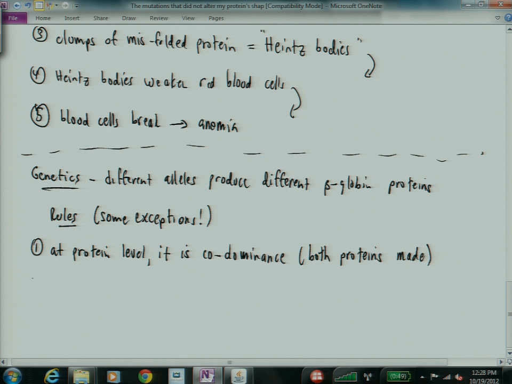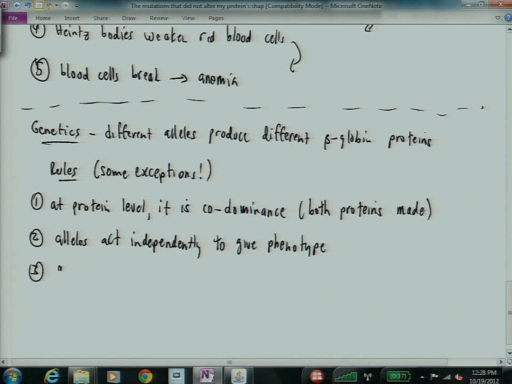Number two, the alleles act independently to give the phenotype. And number three, roughly speaking, doing something is dominant to not doing something, right?